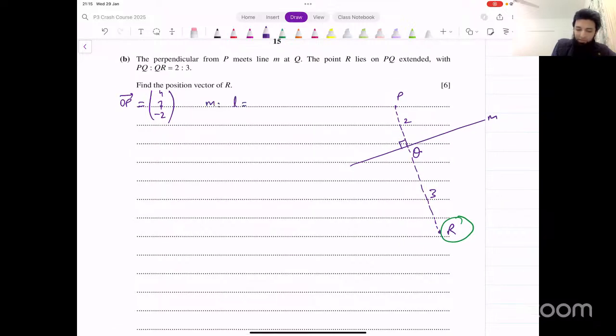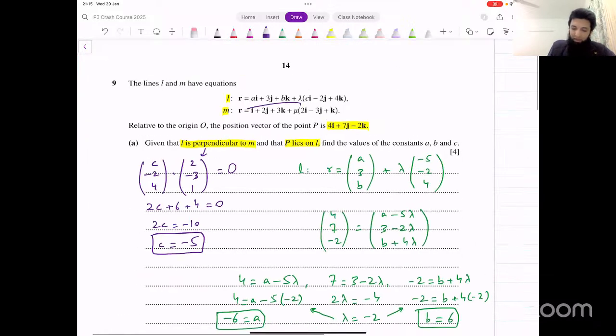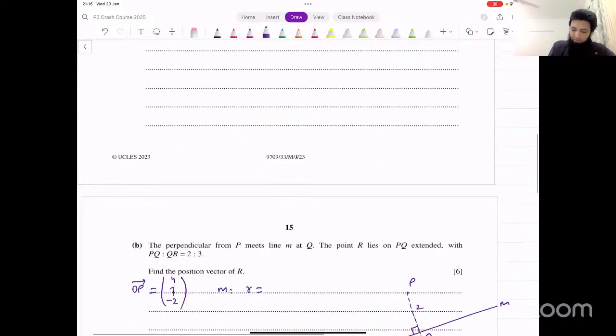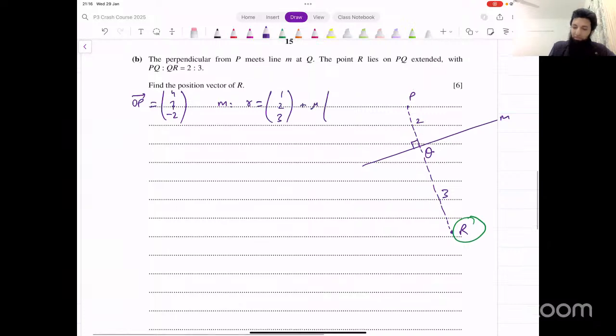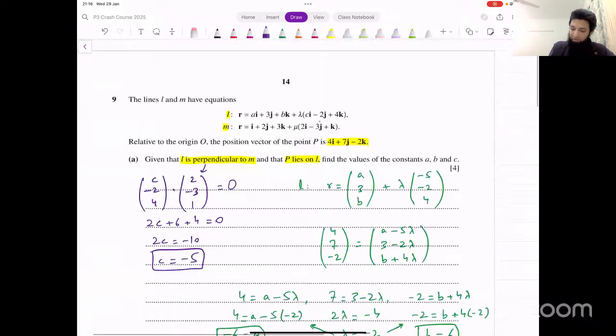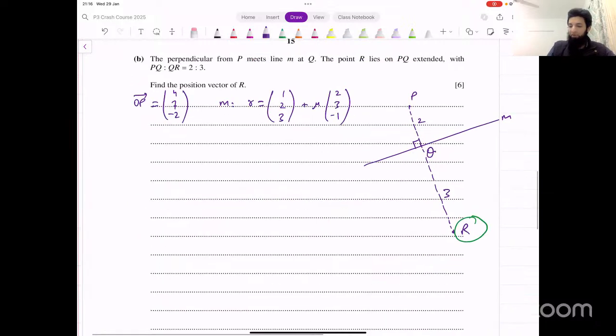That equation is r equals the second line, 1, 2, 3 plus mu times 2, minus 3, 1. Okay, 2, minus 3, 1. That's the equation of the line M.